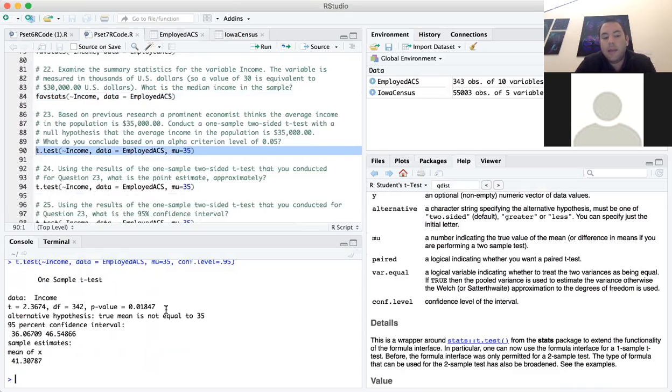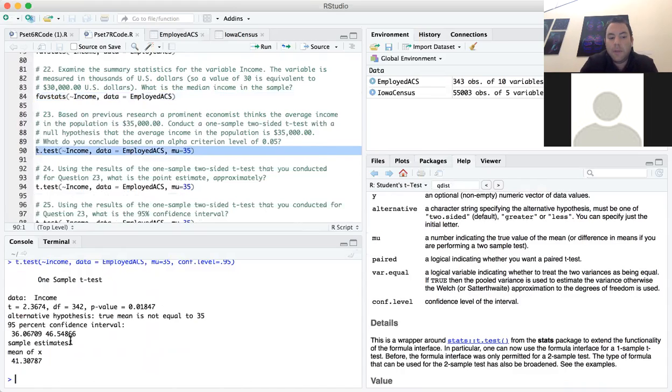So what we're looking at is whether this p-value is more extreme than the alpha value or not. And because the p-value of 0.0847 is less than our alpha value of 0.05, we will reject the null hypothesis. That's a significant result. And it shows us that we're 95% confident that the true population income is not 35,000.